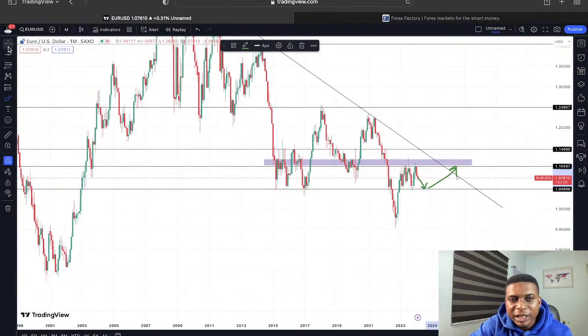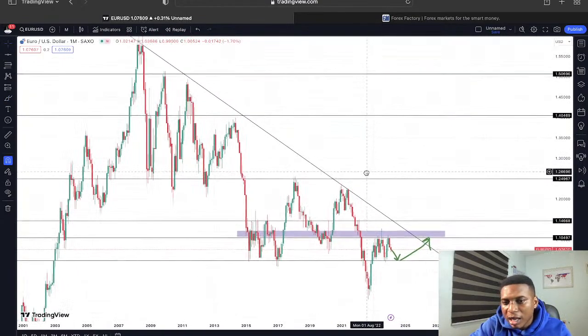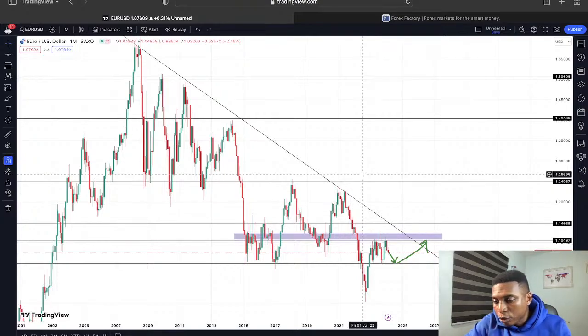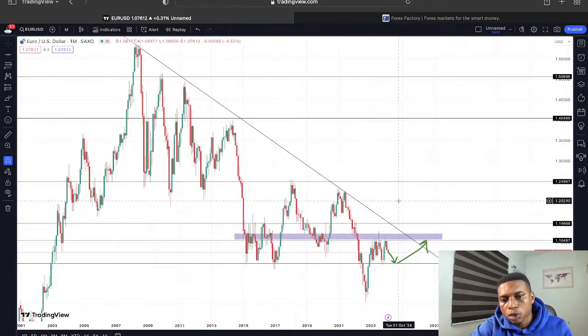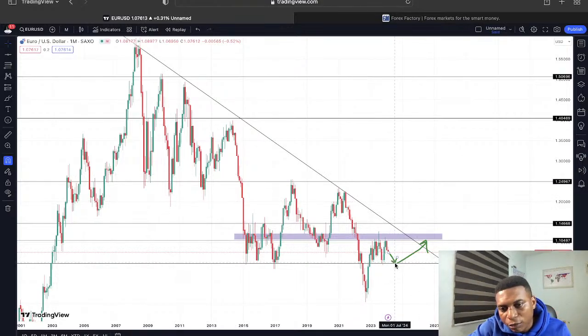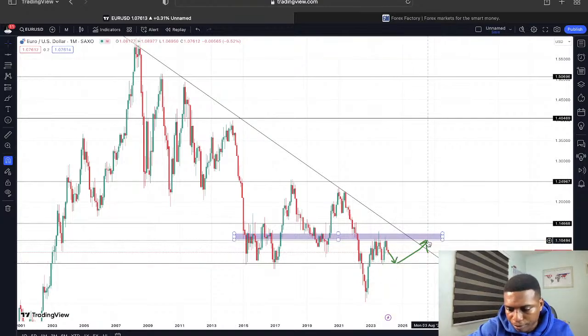Hope you know that if you want to be profitable as a trader, you have to trade what you see, not what you feel. So what I see here is price coming to touch this level and then pushing up.